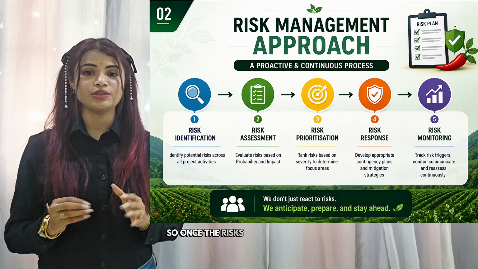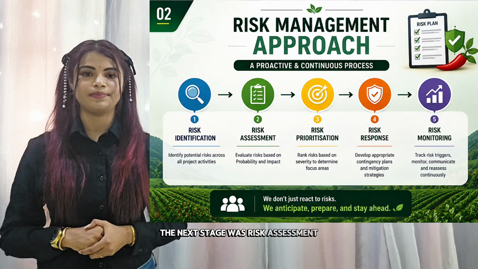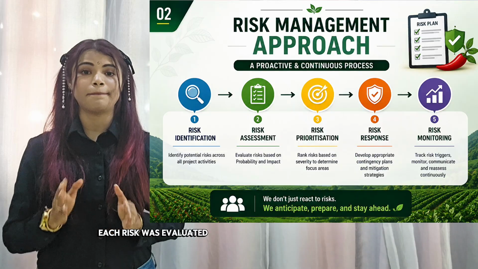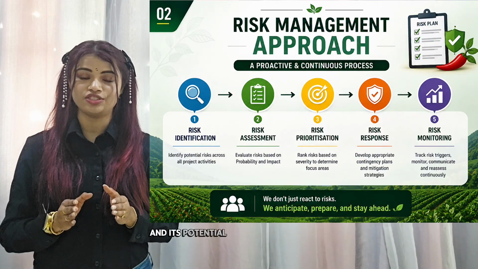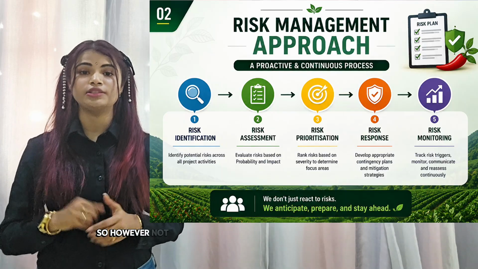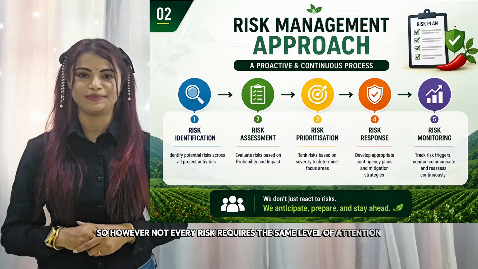So once the risks were identified, the next stage was risk assessment. So at this stage, each risk was evaluated based on its probability of occurring and its potential impact on the project.